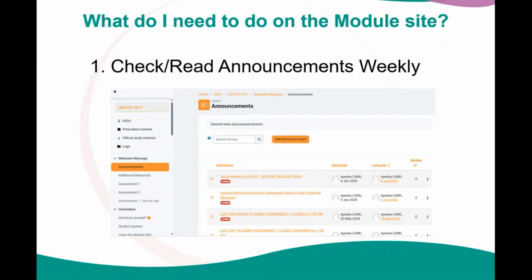And obviously, with your busy schedules, sometimes we all need reminders in life, just so we can get back into it. I know you have a lot of modules. My module is not the only module. So this is just a support tool for you. So do check and read announcements weekly.